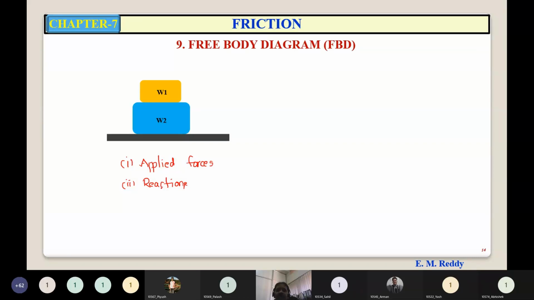We are applying forces on the body to maintain equilibrium. The supports will offer reactions. And the third type, the self weight of the body, if any. So these three types of forces generally will act on a body in a system which is in equilibrium.